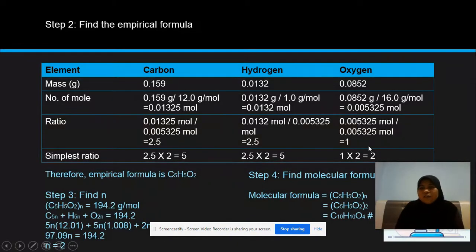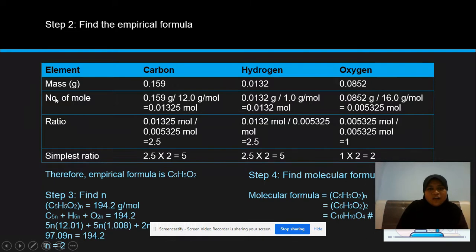Step 2, we must find the empirical formula. How to find the empirical formula? We just make a table like this. First row is element, second row is mass of each element, then number of mole, ratio, and finally simplest ratio.